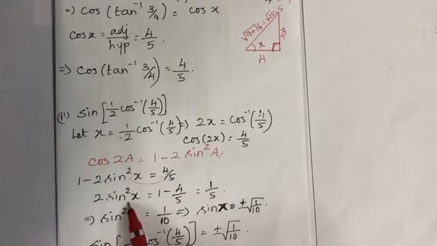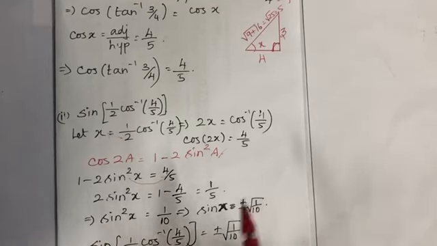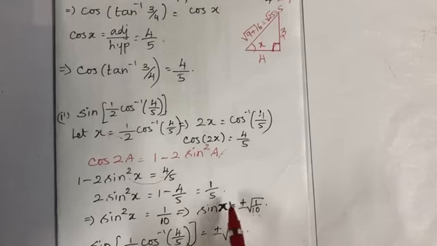Okay, so sin square x is equal to this 2, while cross multiplying 2 into 5, that is 10. So sin square x is equal to 1 by 10. If so, sin x is equal to plus or minus square root of 1 by 10. What is our x?